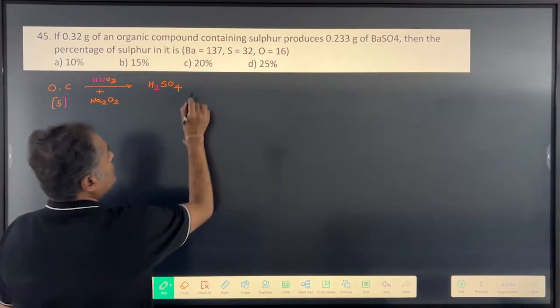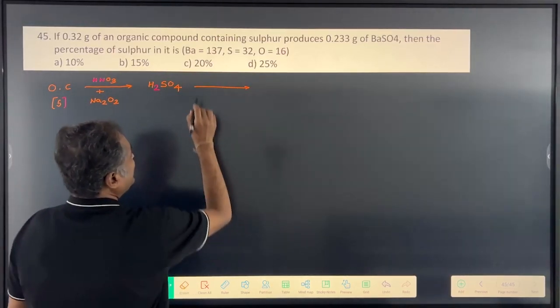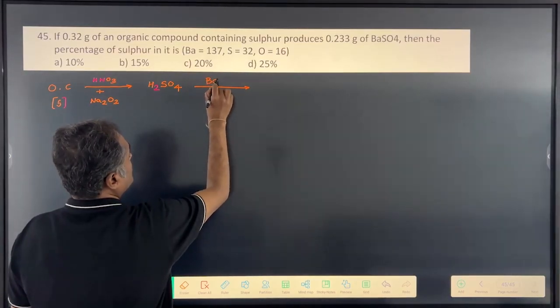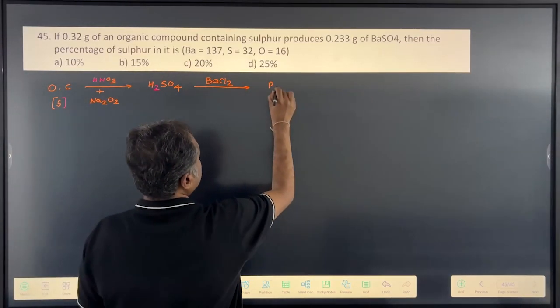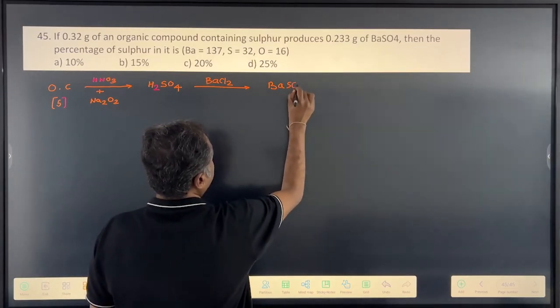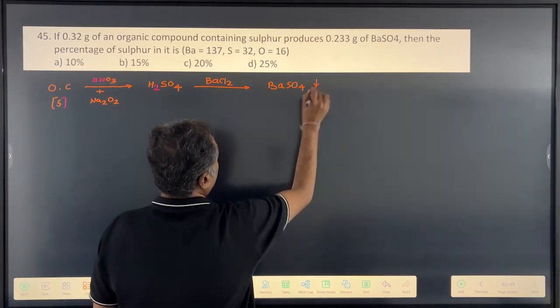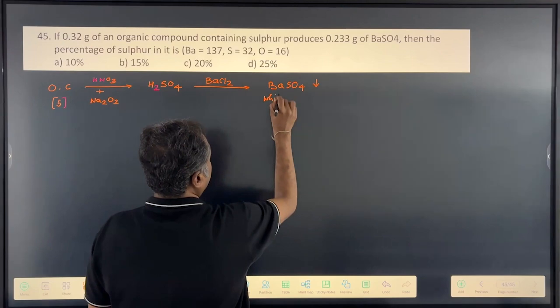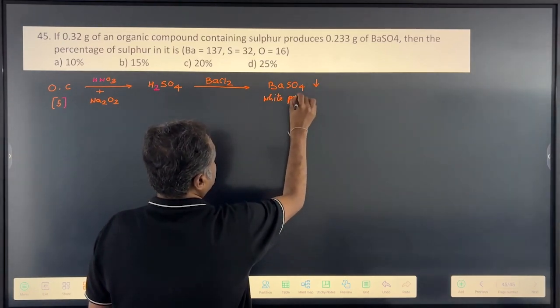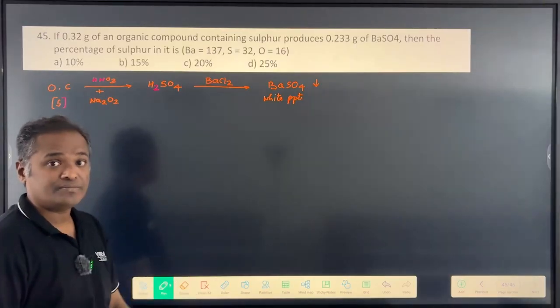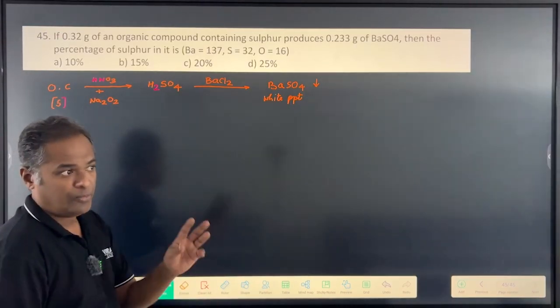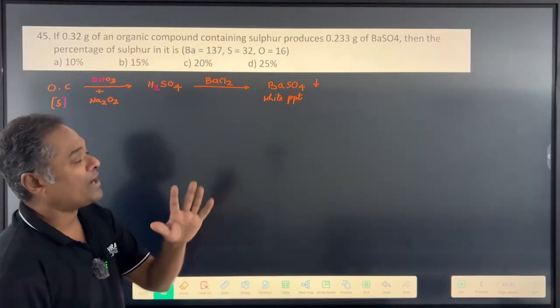This sulfuric acid is later treated with barium chloride solution, and it forms barium sulfate as a white precipitate. This white precipitate of barium sulfate is filtered, washed, purified, and then dried.